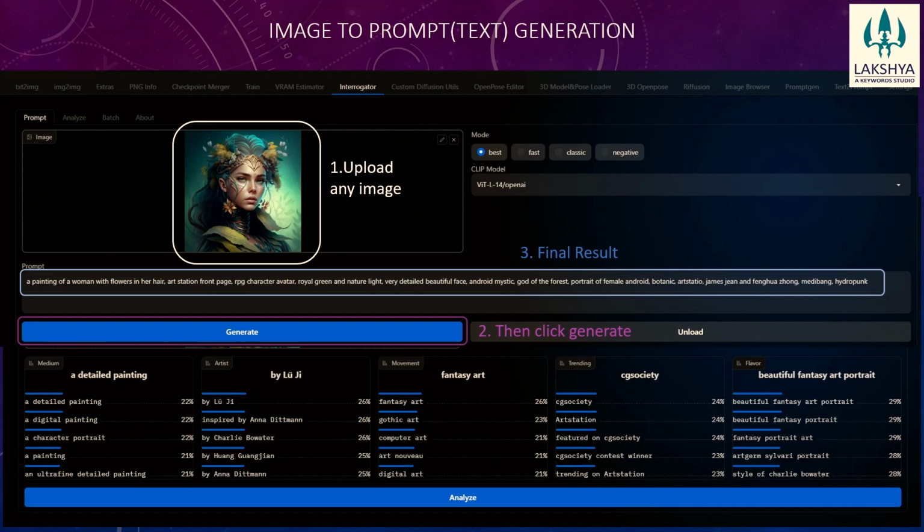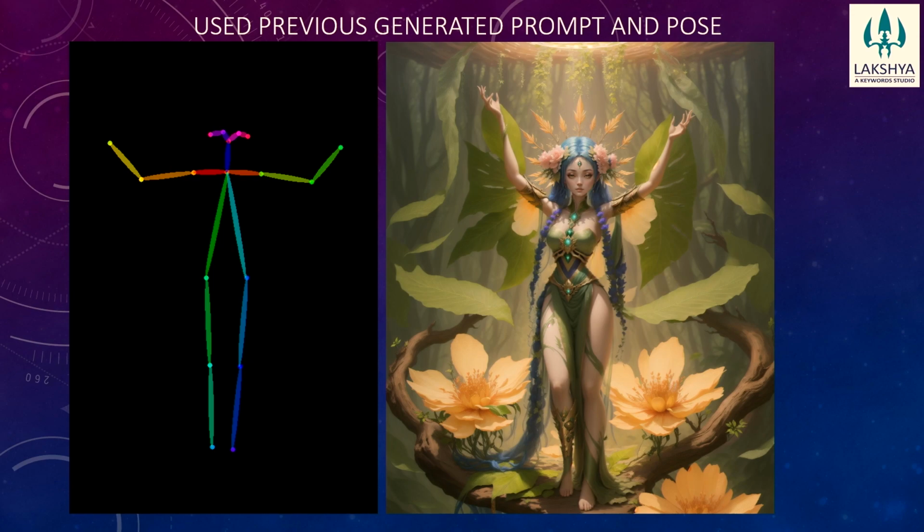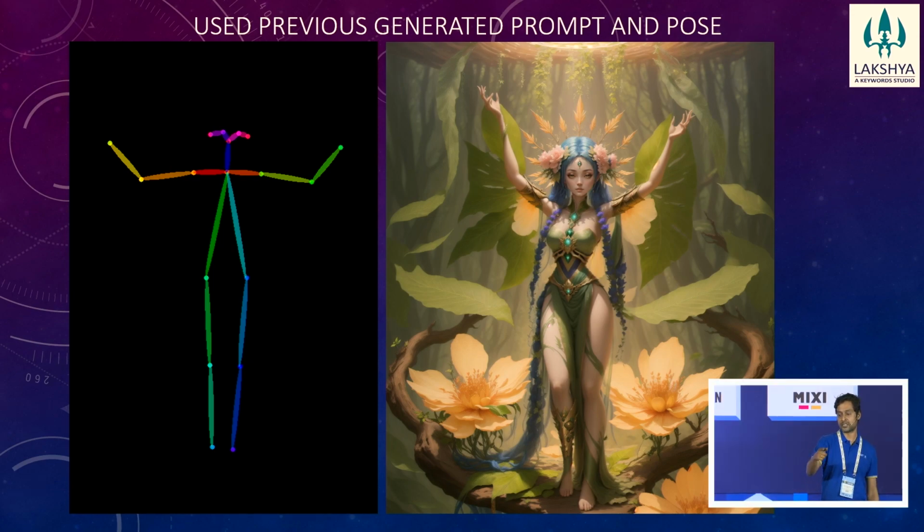So you can generate a text prompt from any given input image. The AI is smart enough to read that image and generate a text prompt, and you can modify that text prompt to get similar kind of results. And here, the same text prompt we use with control rig, and we get this result.